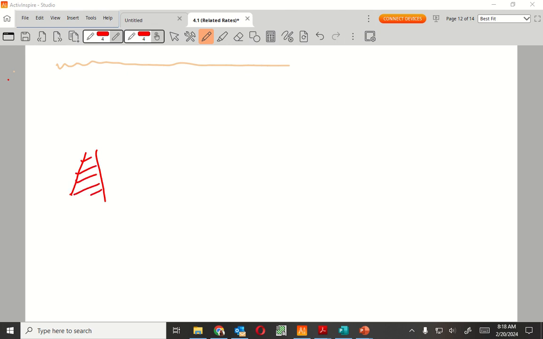It's gotta have those stripes on it. I don't know why. To see better? I don't know. There we go. Okay, and since this is a wonky drawing, I'm going to go this way to make my triangle, and this way here.